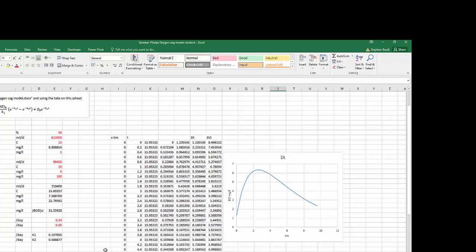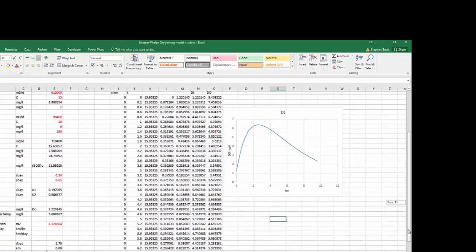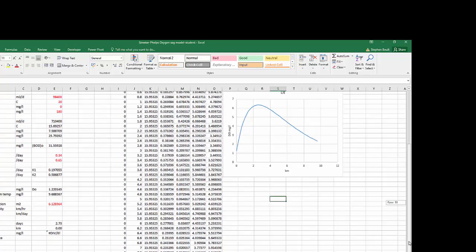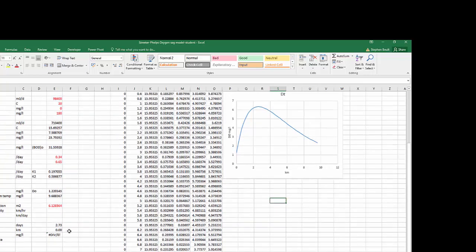Now we're actually interested in how the oxygen deficit changes with distance, and we need to convert then time into distance. And there's clearly assumptions in doing this, but to convert the time into distance we need to know the velocity of the stream. The average downstream cross section has been measured, and we've got that number.